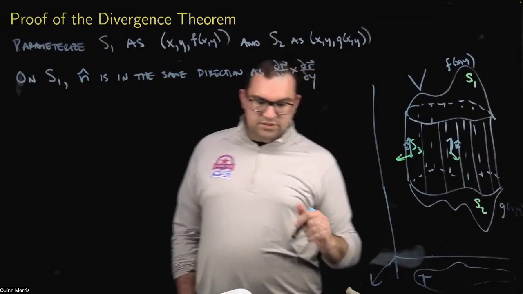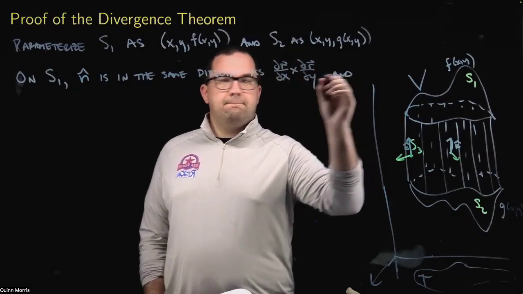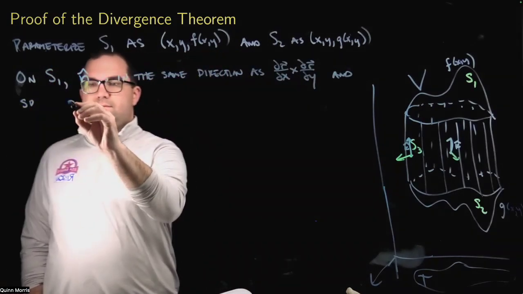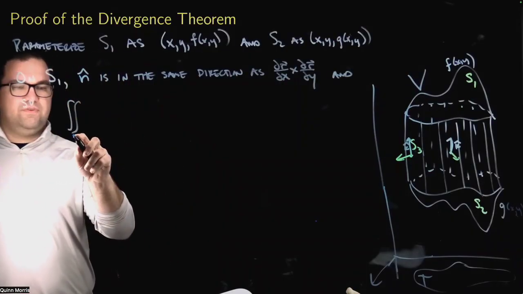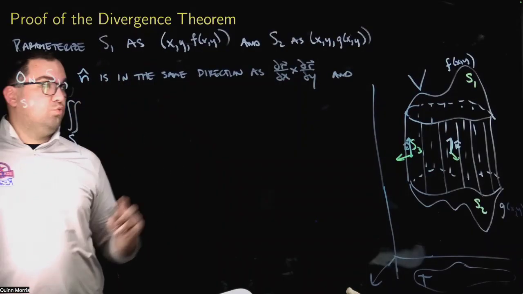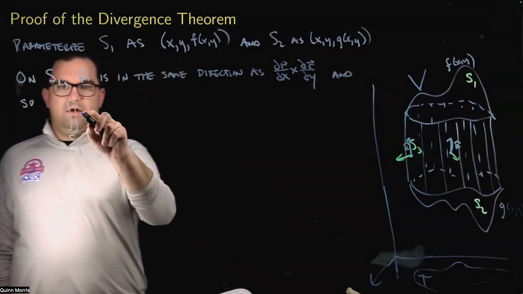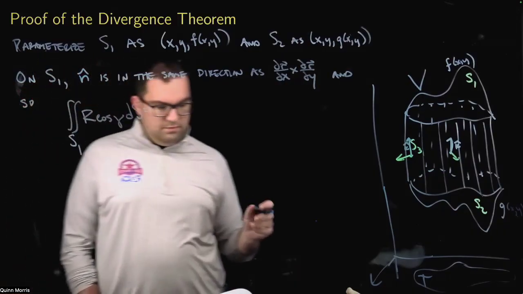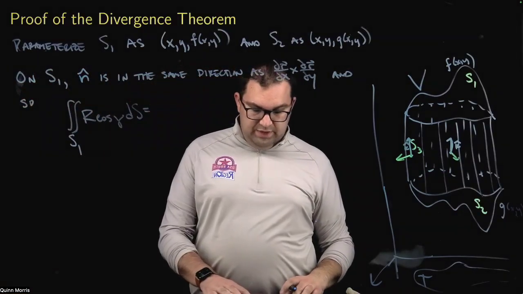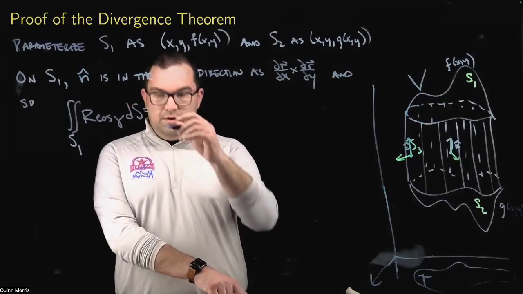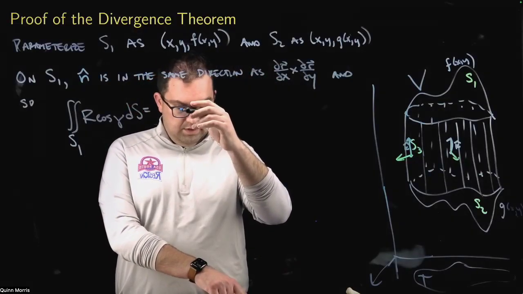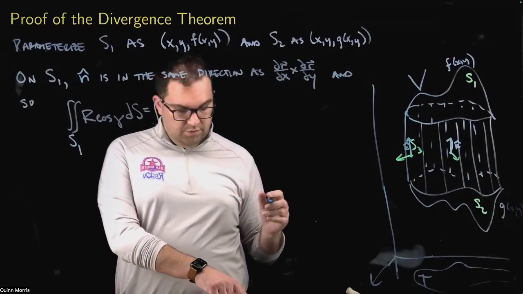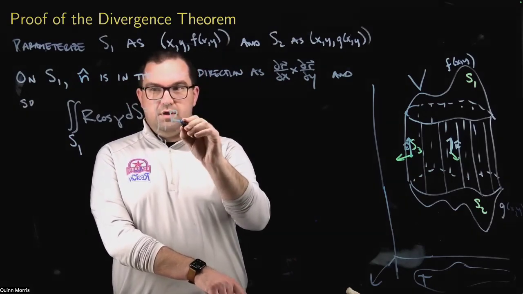Okay. And so if I look at the surface integral over S1 of R cosine gamma, that ought to be equal to the surface integral over S1 of R dx wedge dy.